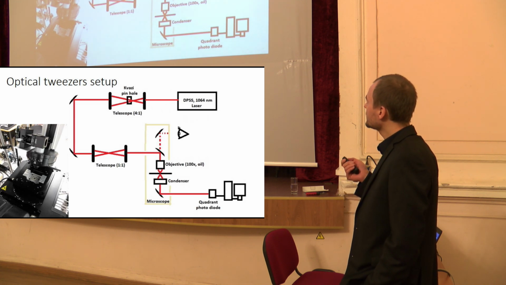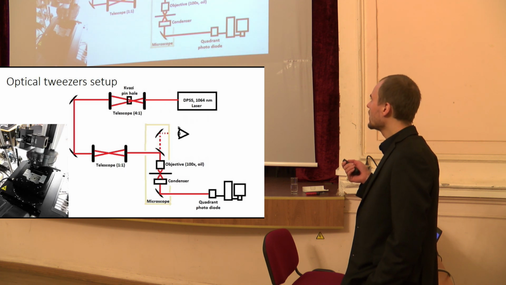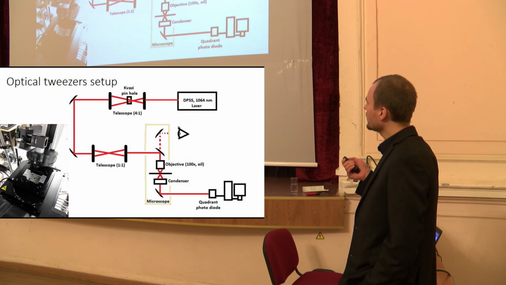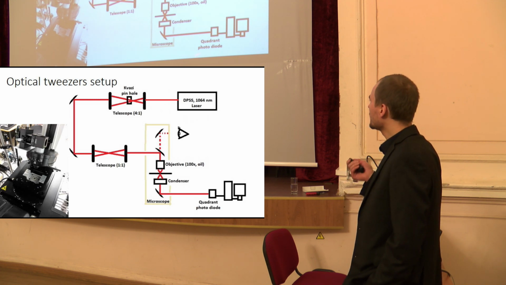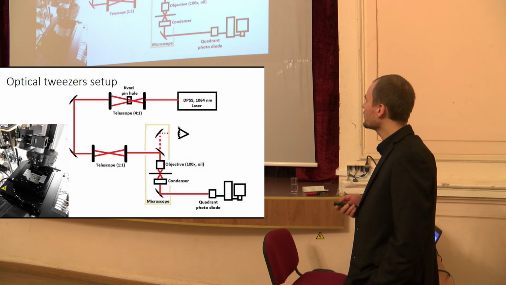Then this beam goes into the microscope and through the objective, and it creates a trap in the sample plane. Then we acquire the interference pattern, which shows on the quadrant photo detector, and it is then sent to the computer.